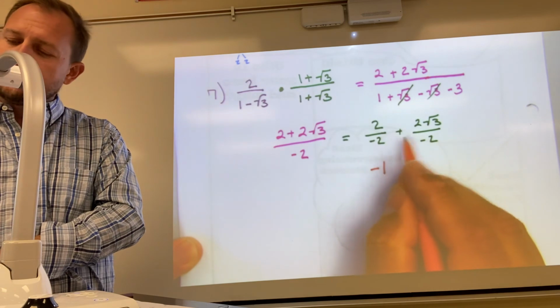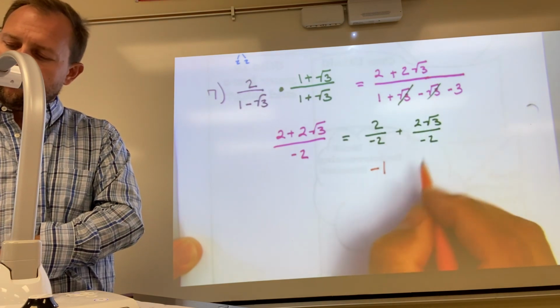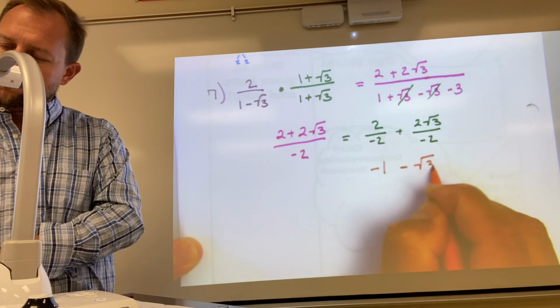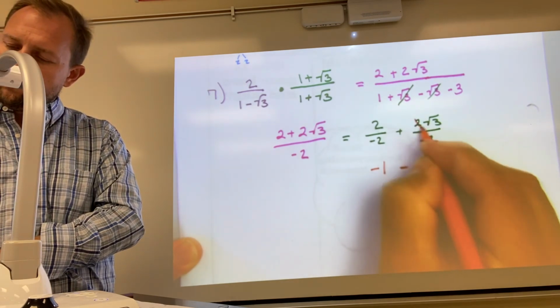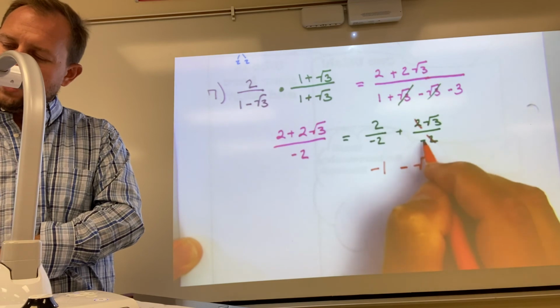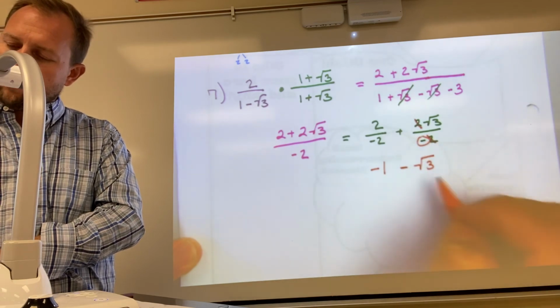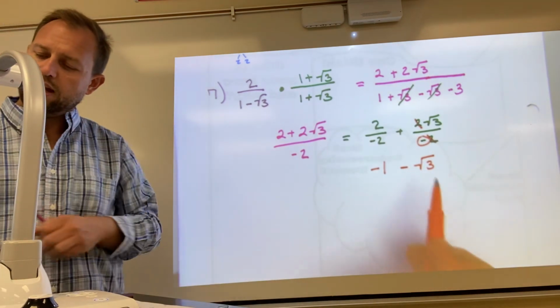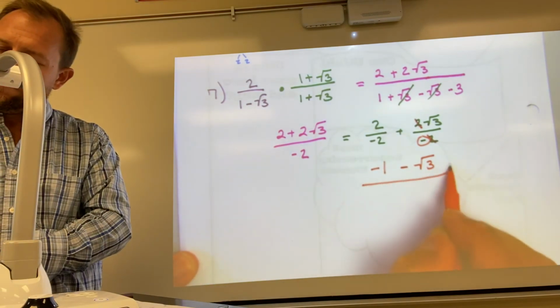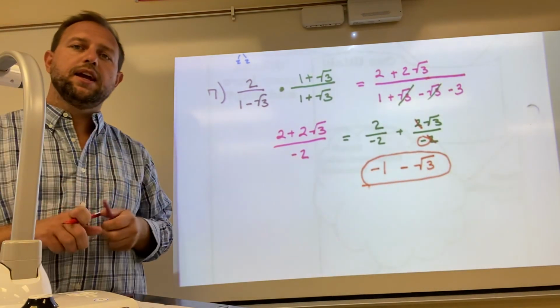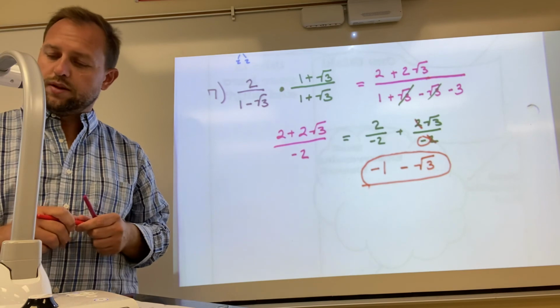So instead of plus a negative 1 root 3, it's just simply negative root 3. The 2's cancel and the negative sign sticks around in front. Okay? So negative 1 minus root 3 is our solution.